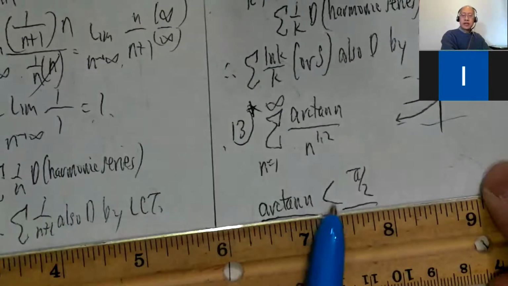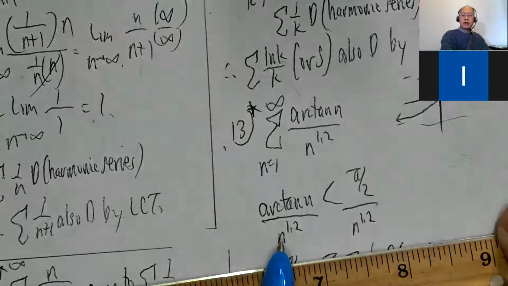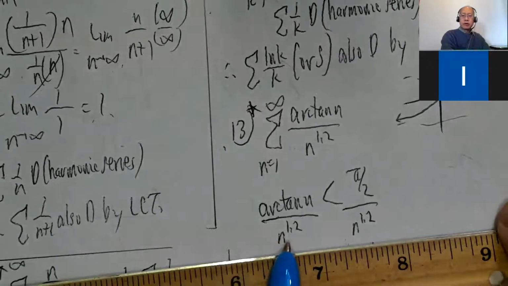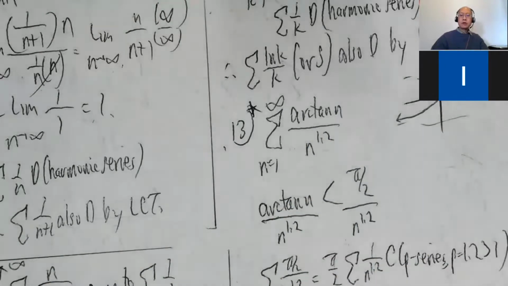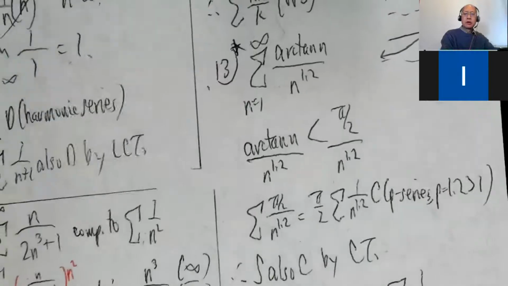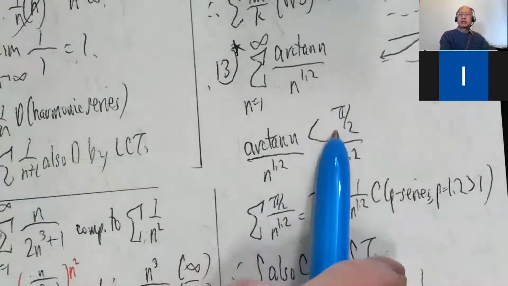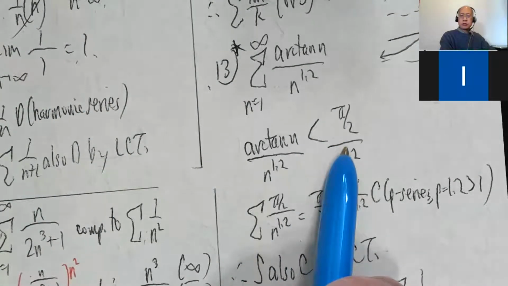So I'll start with this: arctan of n is less than pi over 2. Then divide both sides by n to the 1.2. Why do I do that? I need to make it look like this. I want to show that the bigger series converges.